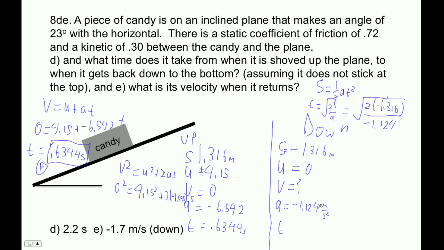If you weren't following, we got these in the previous parts. I got that from part B. The whole thing is square rooted. So square root of 2 times 1.316 divided by 1.124. It takes 1.53 seconds to get down.